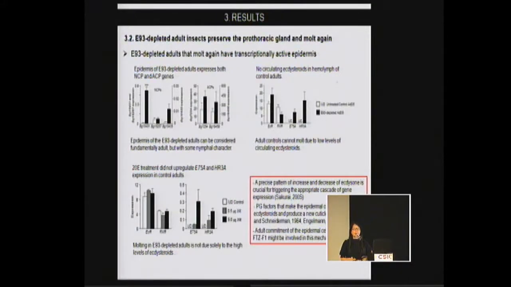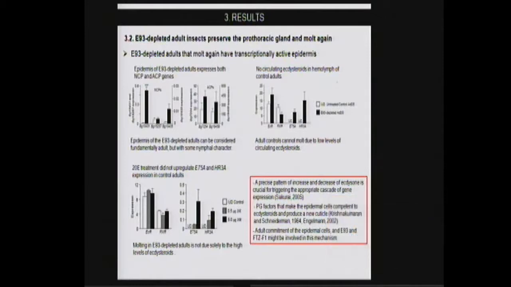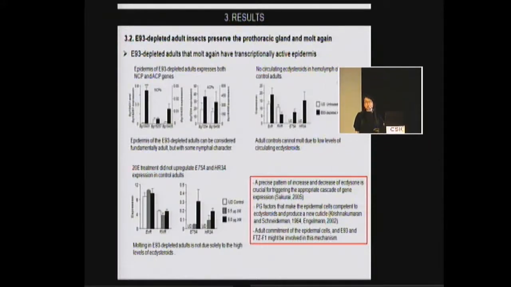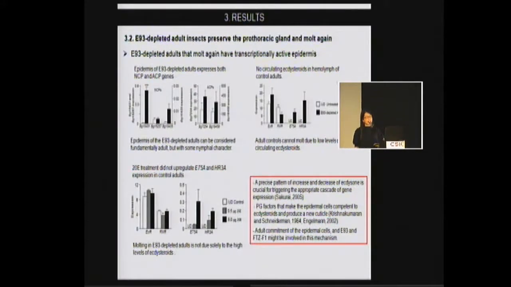Moreover, we tried to explore more the epidermis, the type of cuticle that this adult produces. So we measured the expression of the cuticular protein genes. The first group is the nymphal cuticular protein genes, and we found that they still express them at a high level.